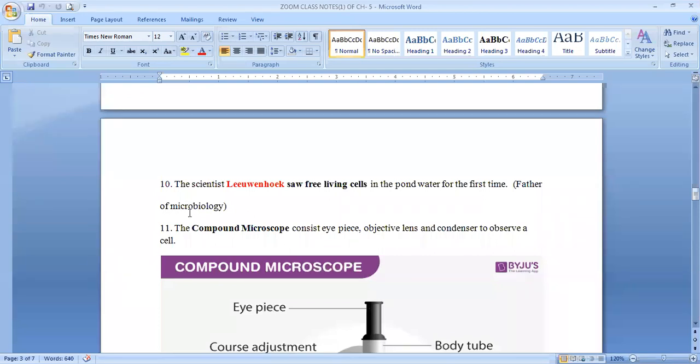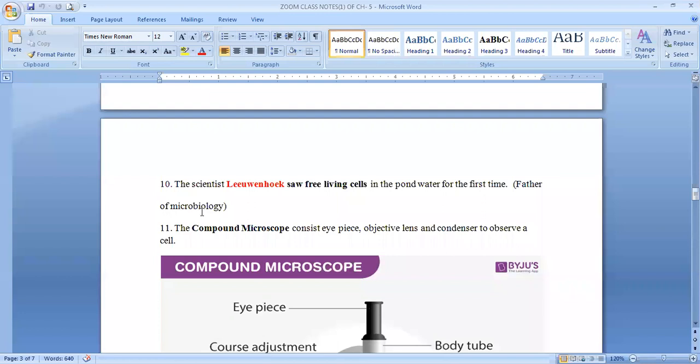And in 8th class, you have already read about microorganisms, the organisms which are very small and can't be seen with naked eyes. You have to use a microscope to observe them. So they were first observed by Leeuwenhoek, and he is known as the father of microbiology, right?